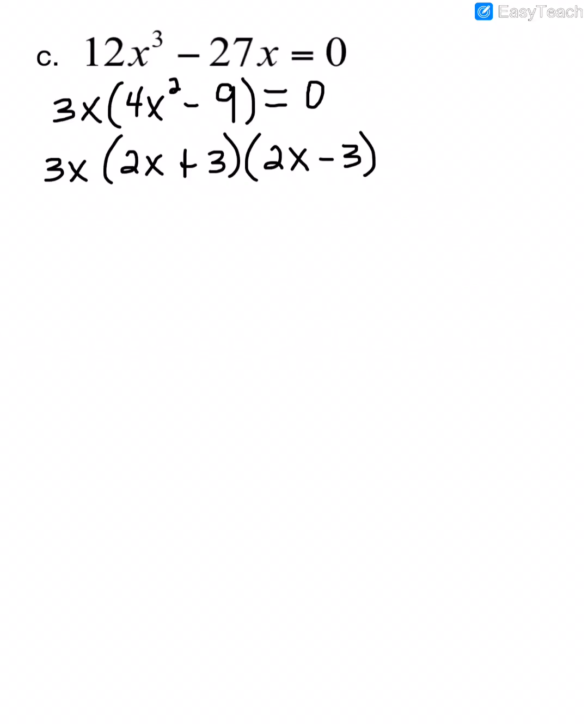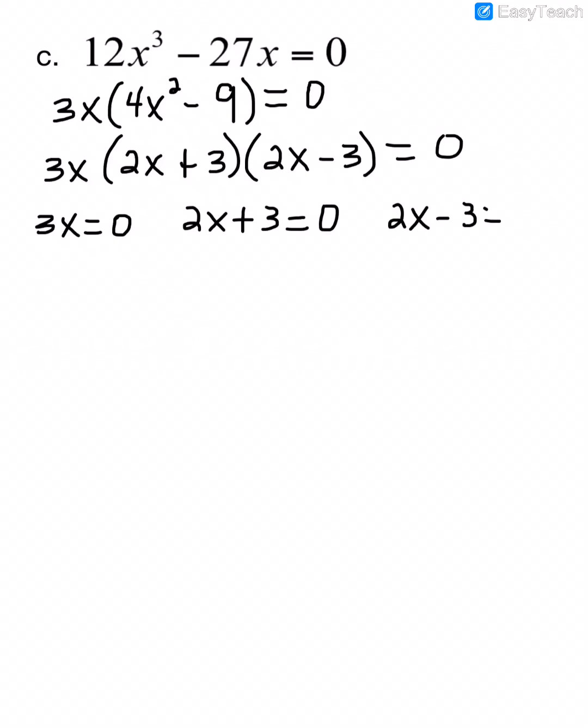Okay, so now that we have completely factored, again, we set each factor equal to 0 and solve. All right, divide by 3, and 0 divided by anything is 0.